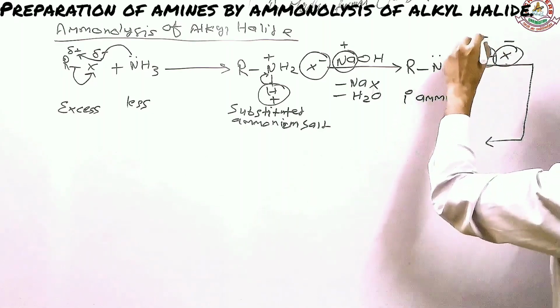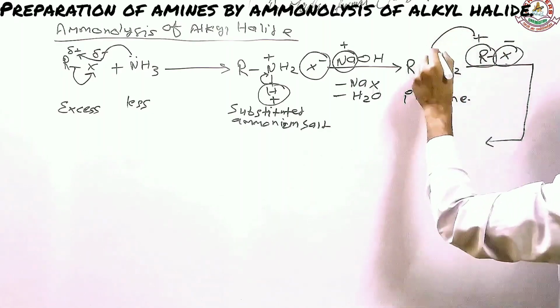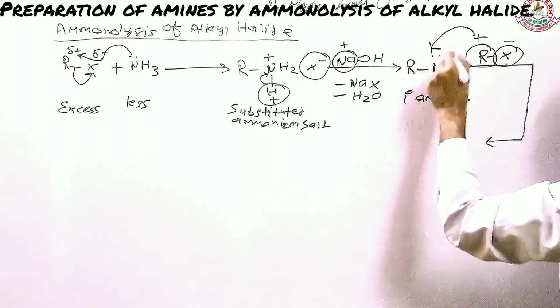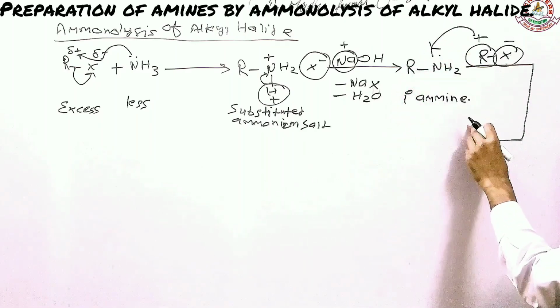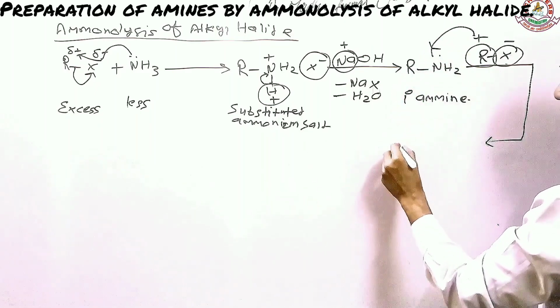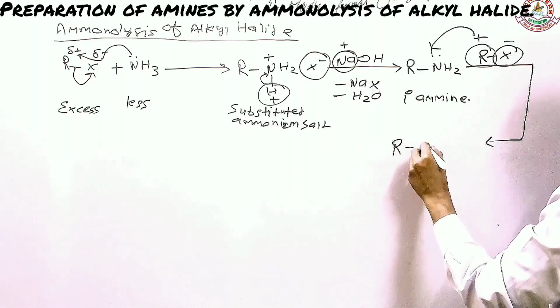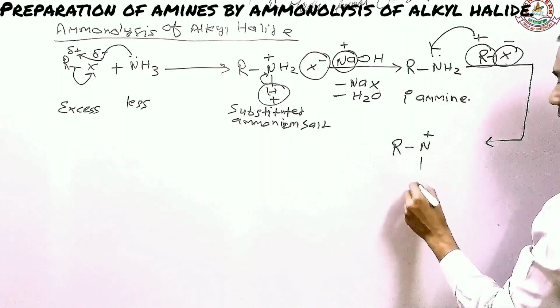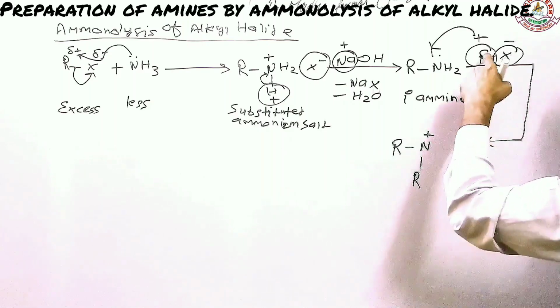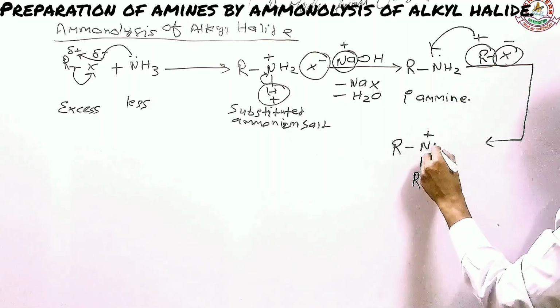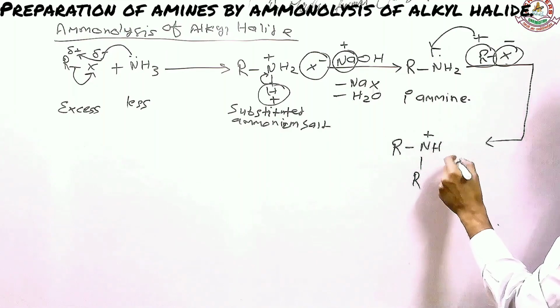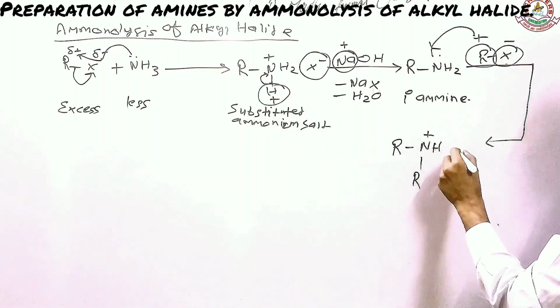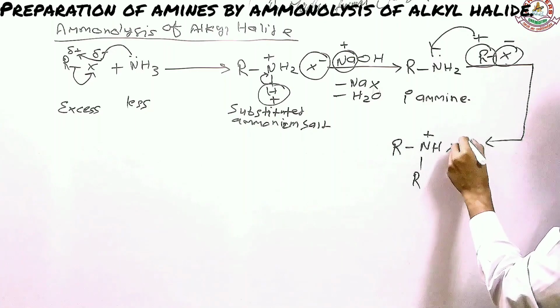This positively charged R reacts with the nitrogen, and after that you have your N with a positive charge, another R here, and NH, and there you have your X negative.